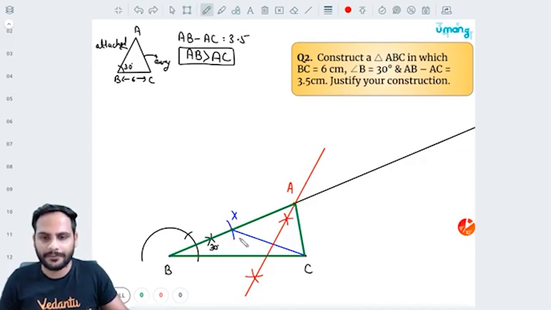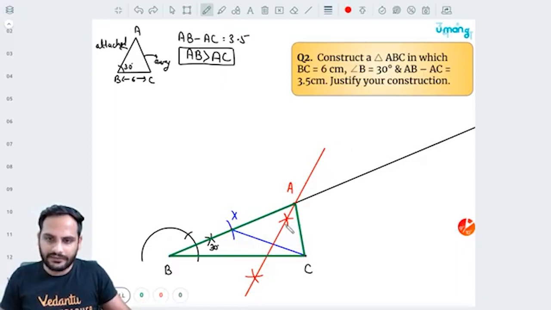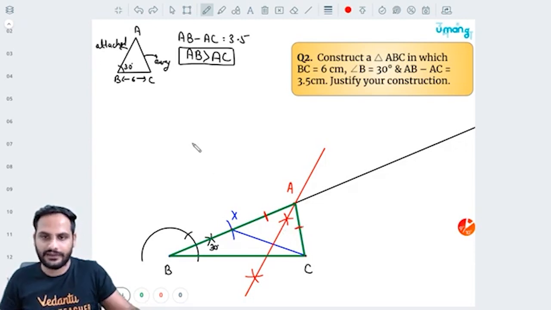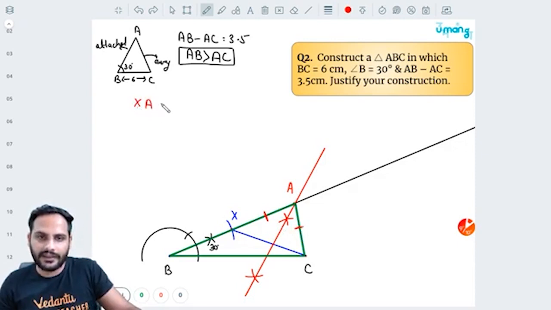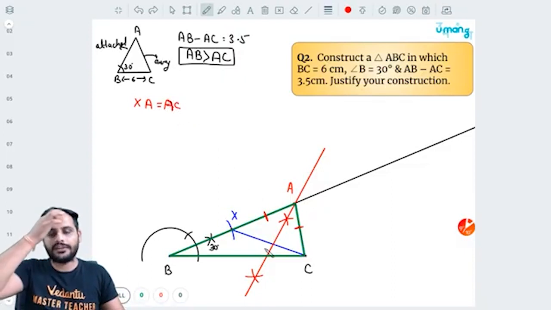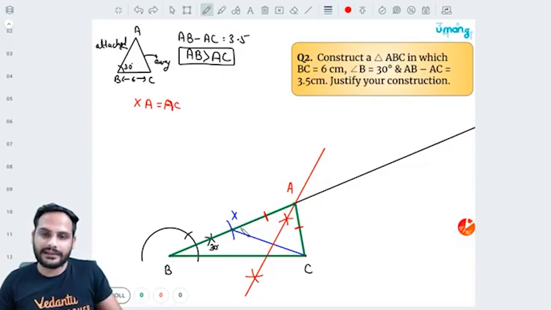Since for this XC, this red line is a perpendicular bisector, I can say point A is equidistant from both X as well as C. So I can say XA is equal to AC. Now, I know BX I have drawn as 3.5 centimeter.